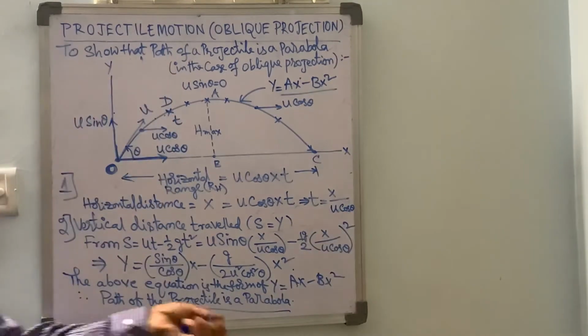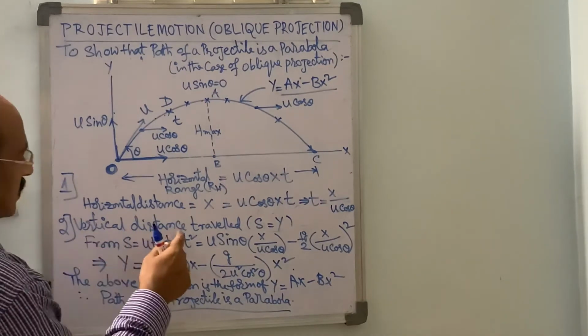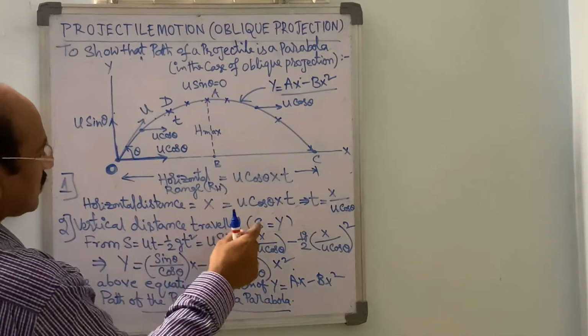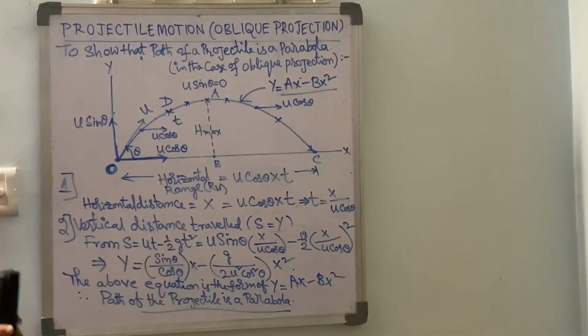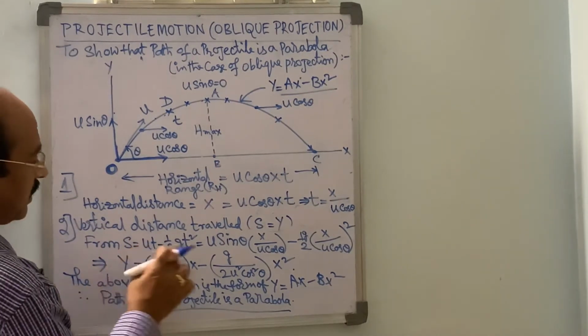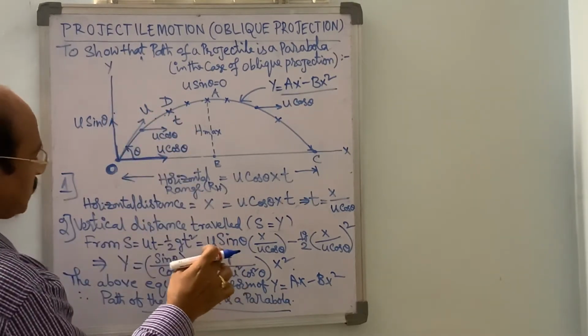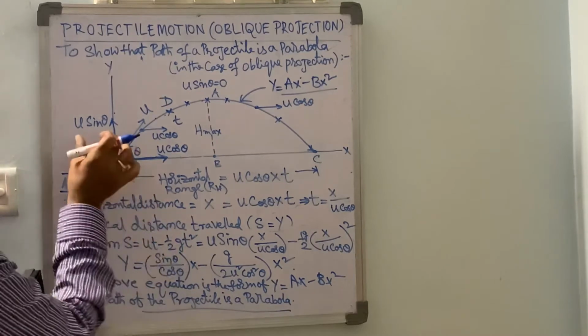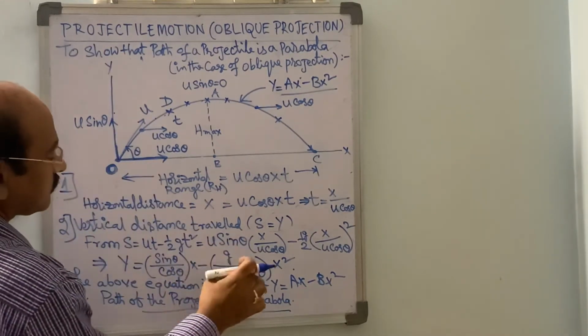Let us use the value of t in the second expression for vertical distance. So the vertical distance travelled is obtained by using the equation s equal to ut minus half gt square, where u means here u sin theta in the vertical direction as the body is moving up. So for vertical distance we use the vertical component of initial velocity u sin theta.